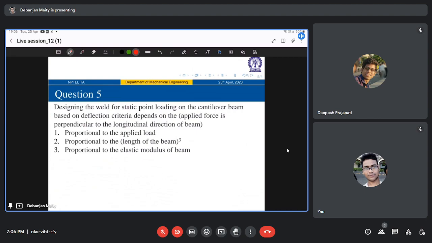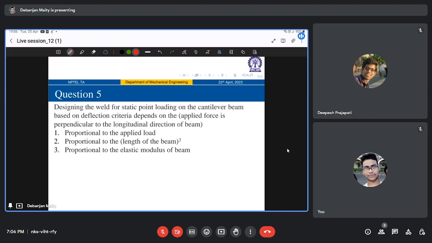So for a welding metallurgist, there are certain aspects they need to know. Design aspects are one of them, and they need to be taken into consideration and given due importance when we go for welding, right? So first is the design for static loading.